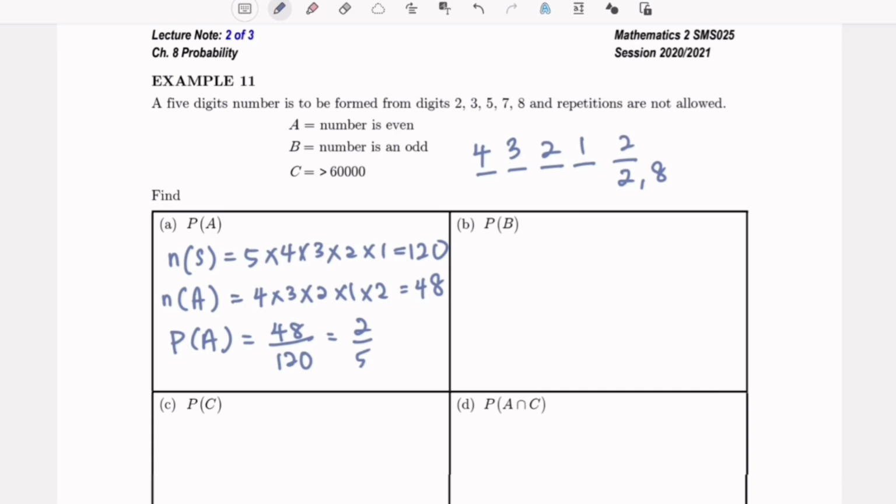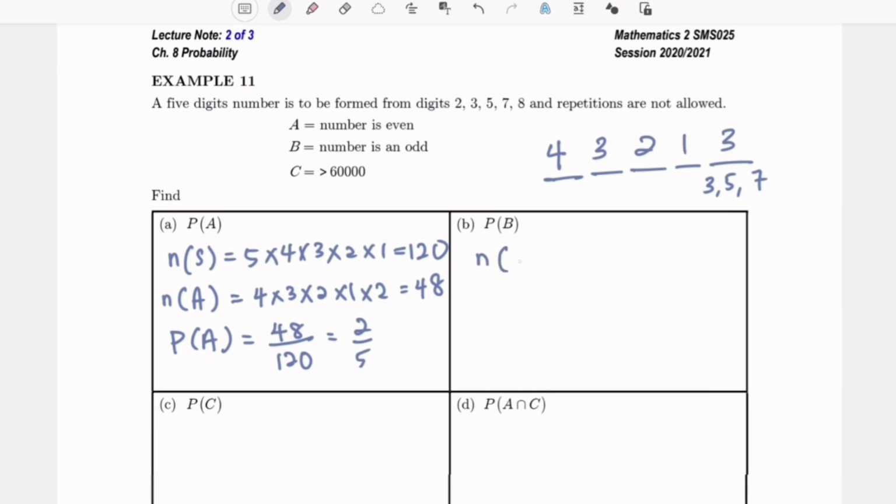Okay, for PB, odd number, you have 3 options, either 3, 5 or 7. So for the last digit, you have 3 options. Then once you have picked the last number, you are left with 4 other digits to choose from, and then 3, 2, 1.